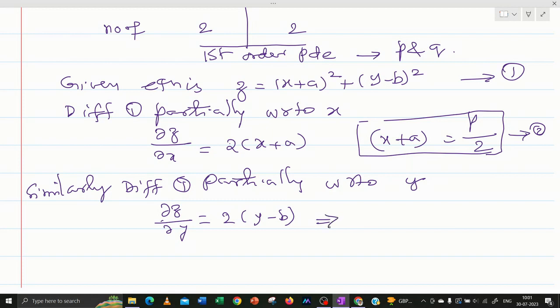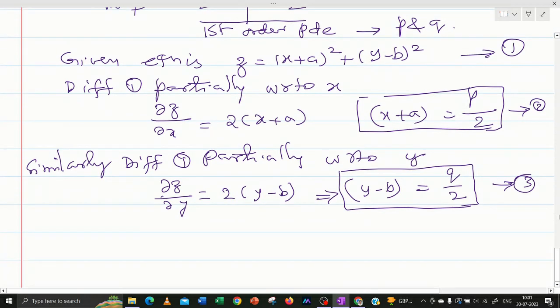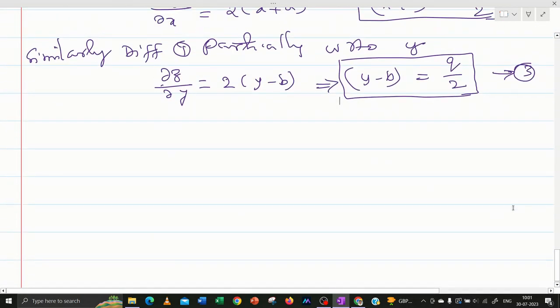So that gives y minus b equal to q by 2. So this is equation number 3. After differentiating with respect to x and y, we get equation number 2 and 3.